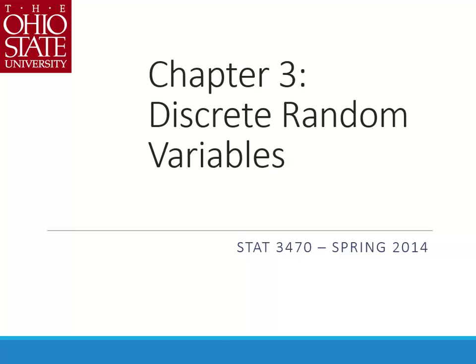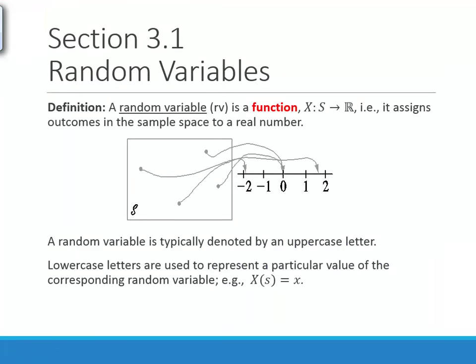We're going to resume our discussion with Chapter 3 today, looking at discrete random variables. Last time we introduced this idea of a random variable, and our formal definition is that it's a function from our sample space into the real numbers. Our sample space can look like anything.